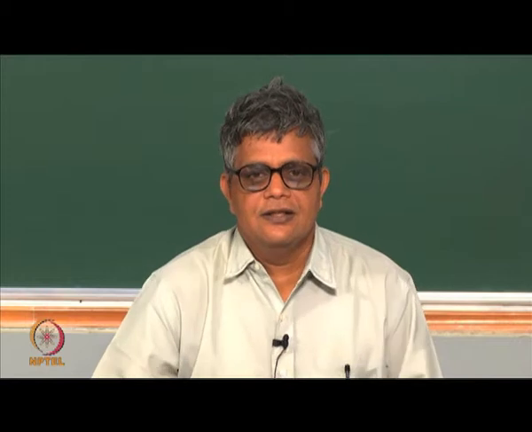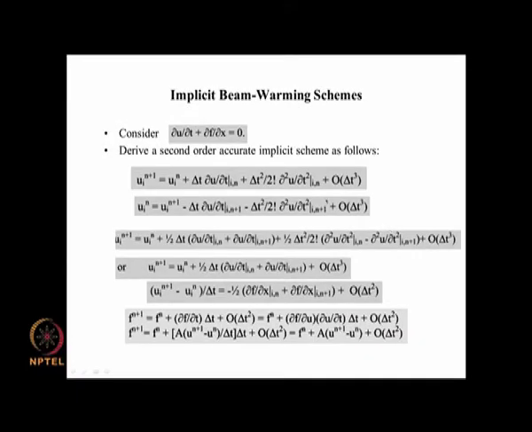In the last lecture, we saw a new method, the implicit Beam-Warming method, for the case of the one-dimensional advection equation of the form ∂u/∂t + ∂f/∂x = 0.